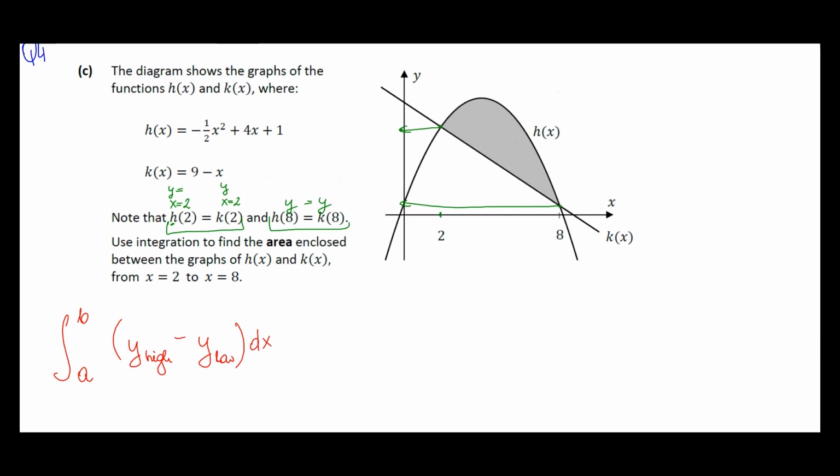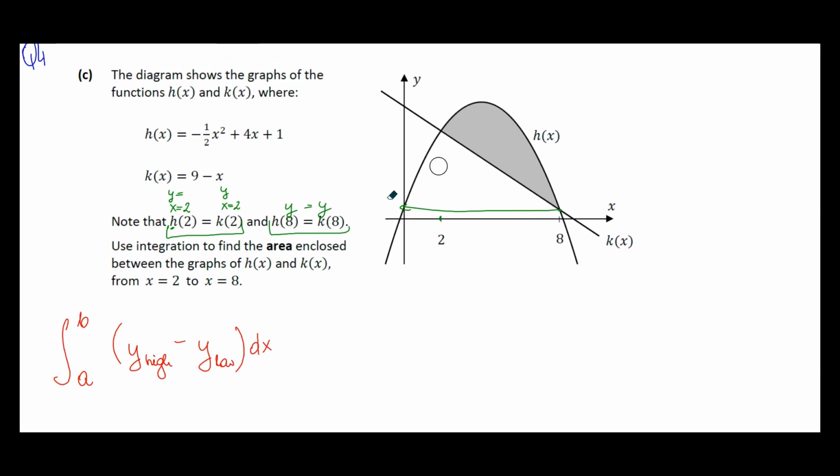Let me explain. If we pick, let's say, a value of x here, it doesn't matter what that value is. For this value of x, if I go across, that's going to be y for the function k. And then if I go a little bit above that, this will be the value of y for function h.